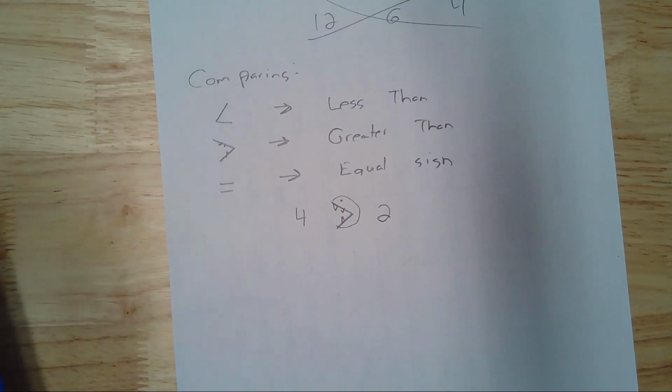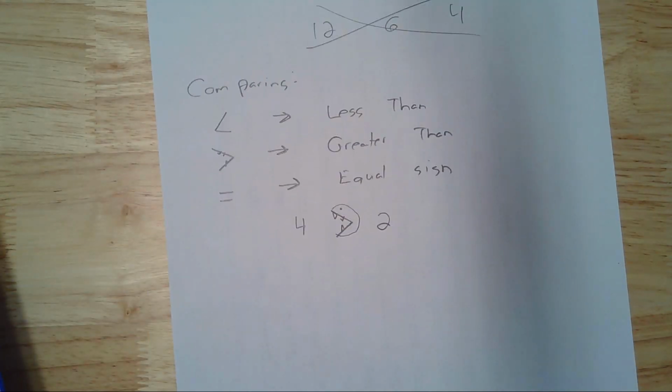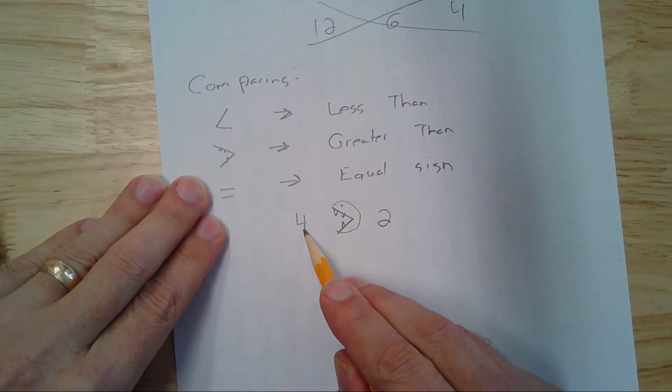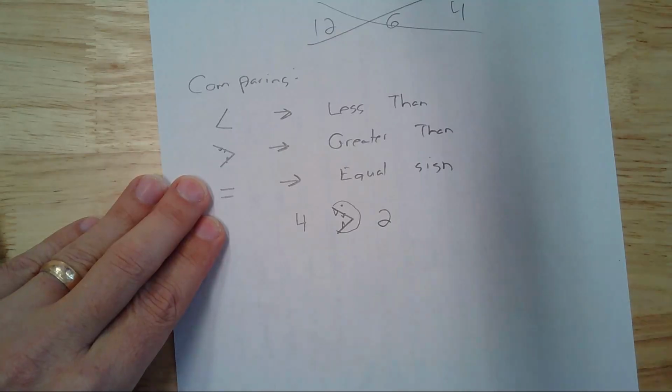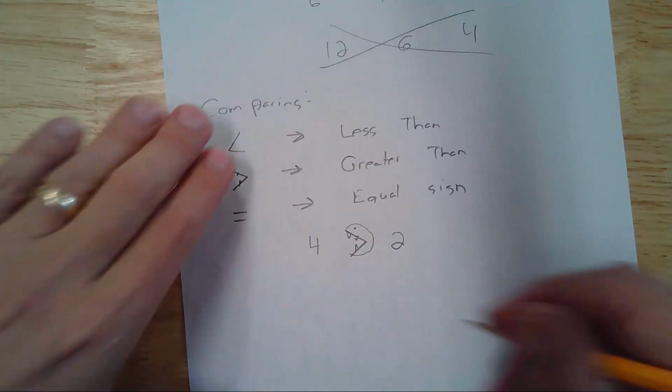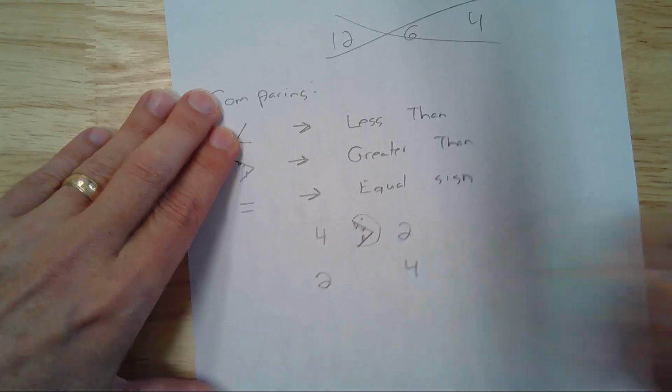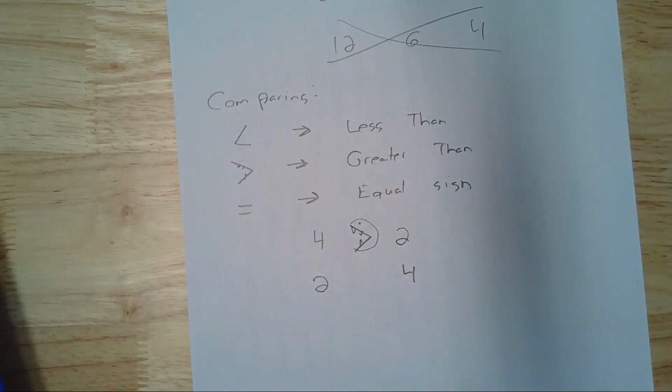Think about it like reading a book. When you read a book, you work left to right. Or I guess for you guys looking at me this way, it would be like this, right? Start on the left, you read to your right. So when you're doing these, it's the same thing. 4 is what? Greater than 2. If I wrote it this way, for example, 2. Is 2 less than 4?